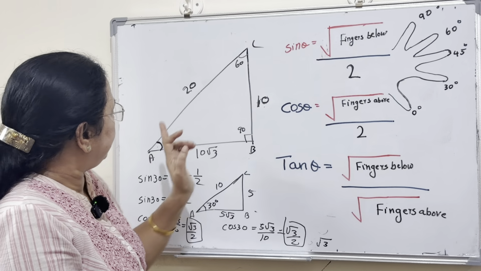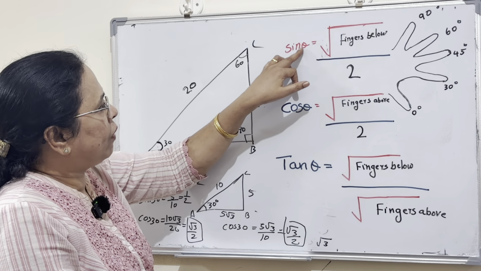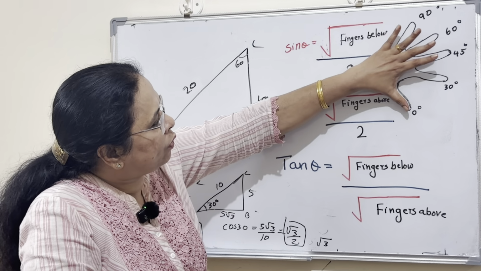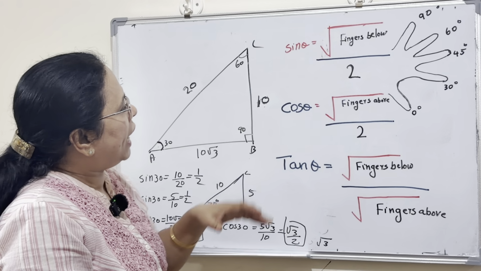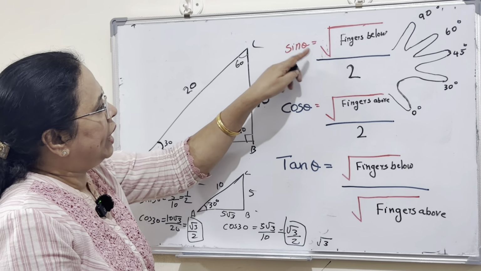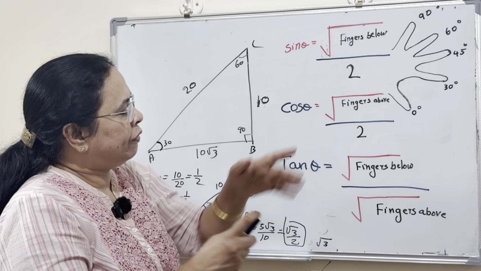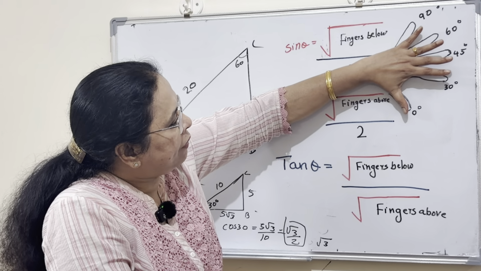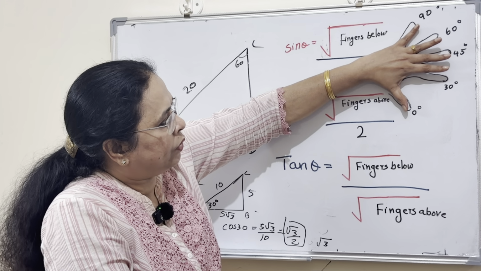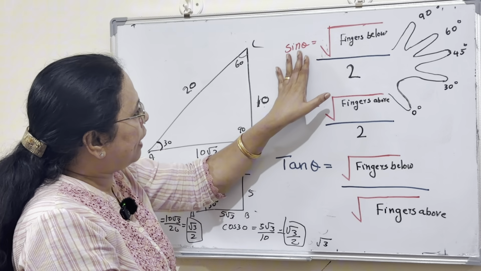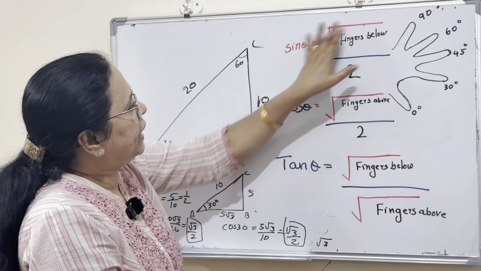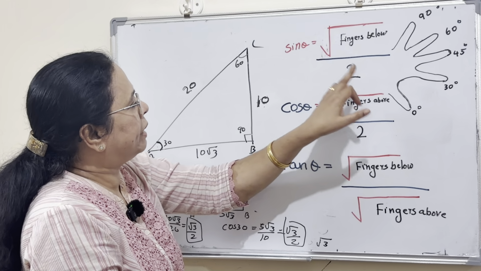So for the sine of any angle you want to find, suppose I need the 0 degree angle, the formula for sine of that angle is under root fingers below divided by 2.